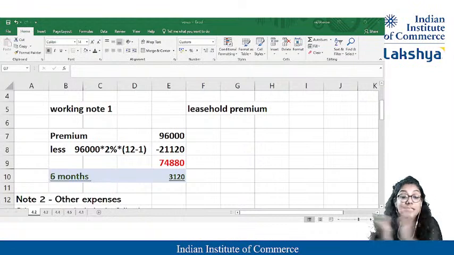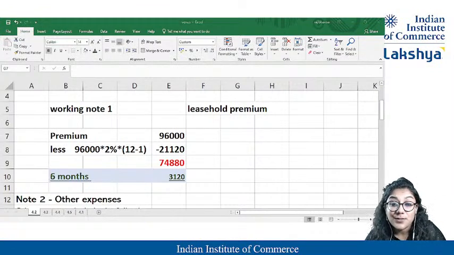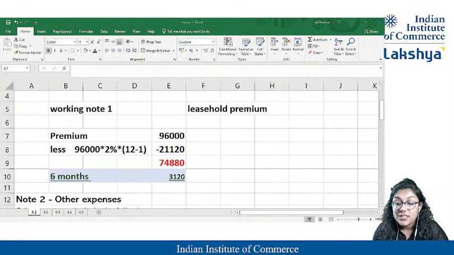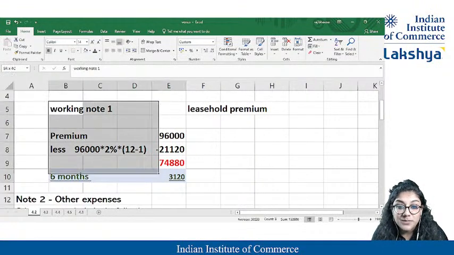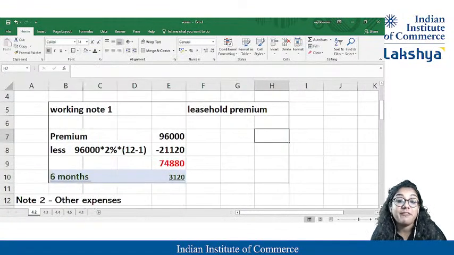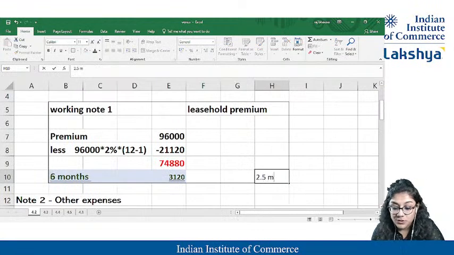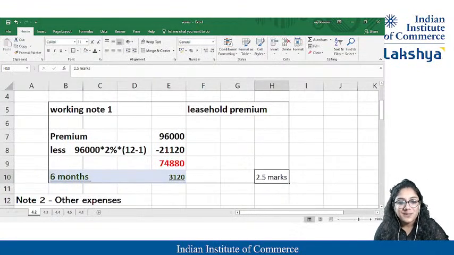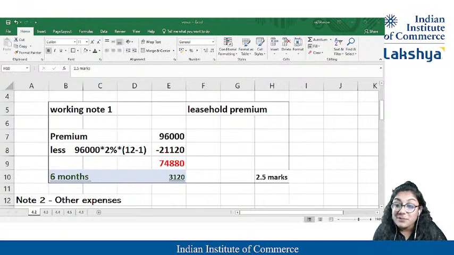I'm telling you all, check the answer, you will figure out you are getting marks. Just for writing this one note, if you got the answer, trust me, it's 2.5 marks. Cool. We achieved marks. So my first thing is obviously done.